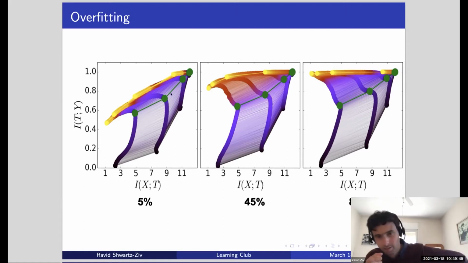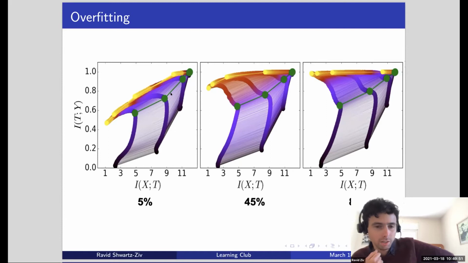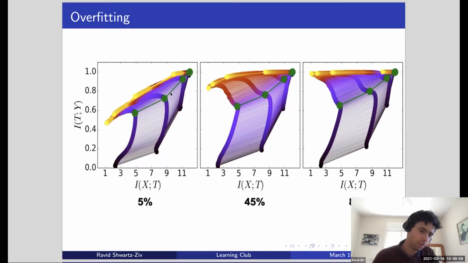But the second phase, compression, actually hurts you if you don't have enough examples. If you have a small number of examples, this compression reduces your performance.